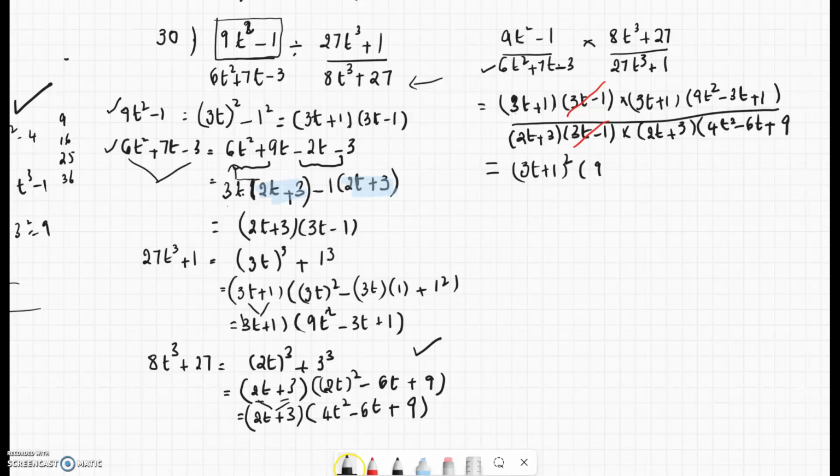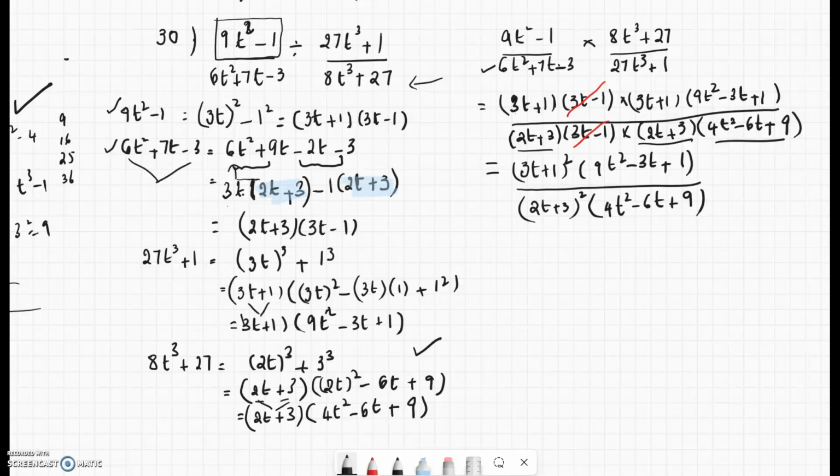And then we have 9t squared minus 3t plus 1 the whole, divided by, combine these two and you get 2t plus 3 the whole squared times, and whatever is in here, which is 4t squared minus 6t plus 9.